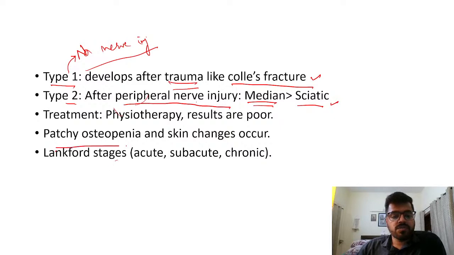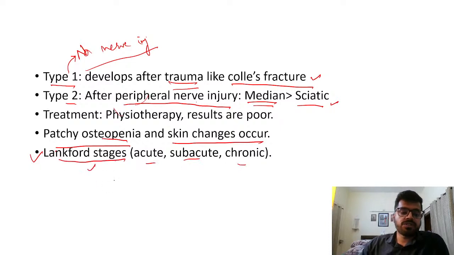There is patchy osteopenia seen on radiographs and skin changes occur. Then we have Langford stages: acute, subacute, and chronic disease. Langford stages, that's how we do staging. Vitamin C has some role in prophylaxis for CRPS.